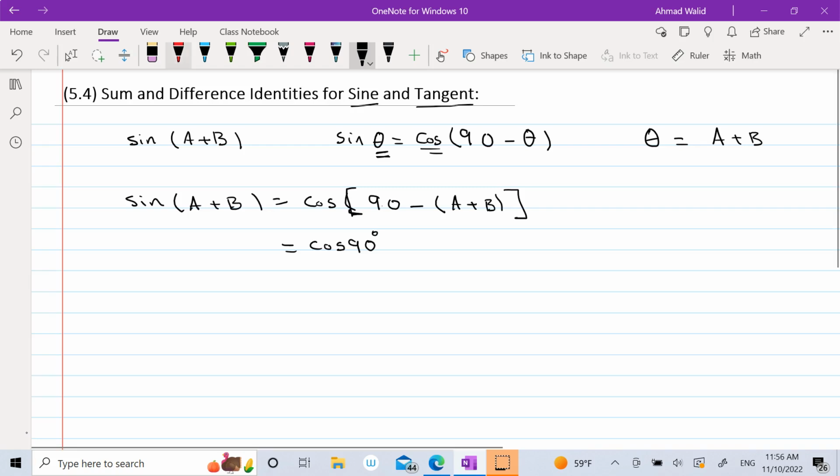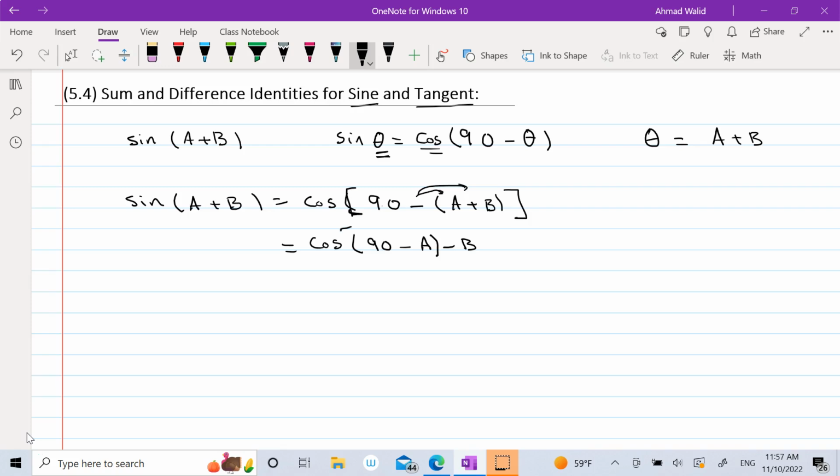Or let's go a different way, make it easier for you. From here, let's work a little bit on the inside. It will be cosine of 90 minus a minus b. If I distribute the negative first, it gives me cosine of 90 minus a minus b, and easily I can group them based on mathematics. You can group them like this.